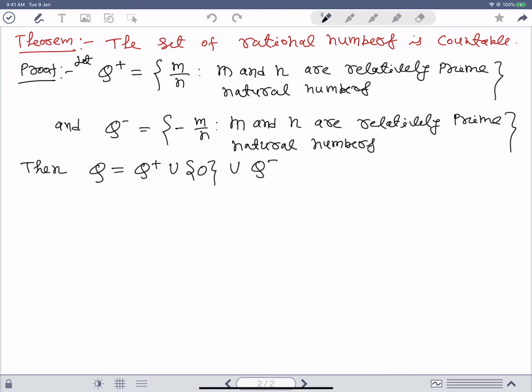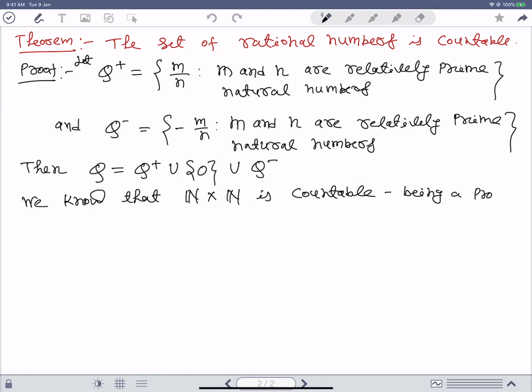Now we prove that Q plus is countable. First of all, we know that N cross N is countable, right? Why is it countable? It is a product of two countable sets. We can write here, being a Cartesian product of two countable sets, right?